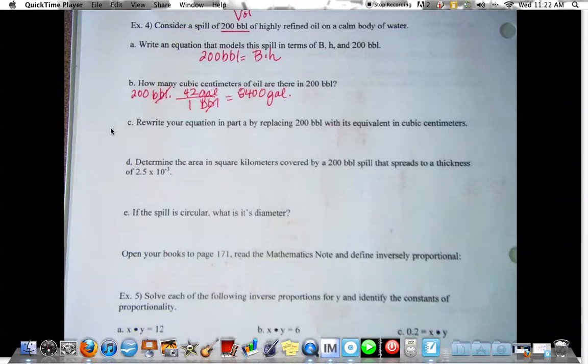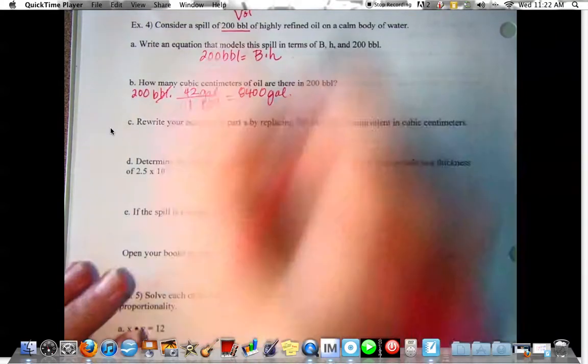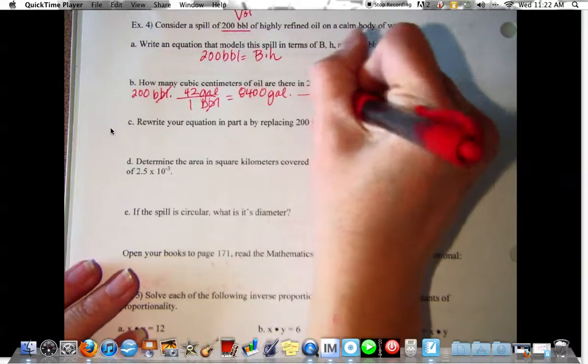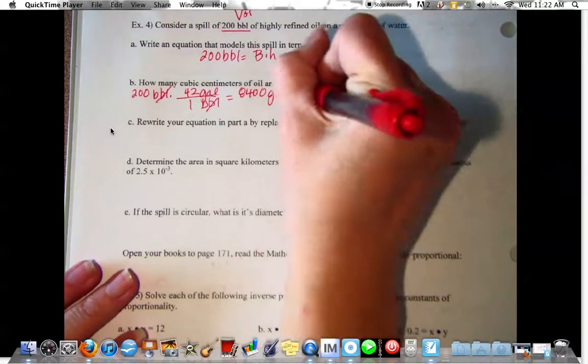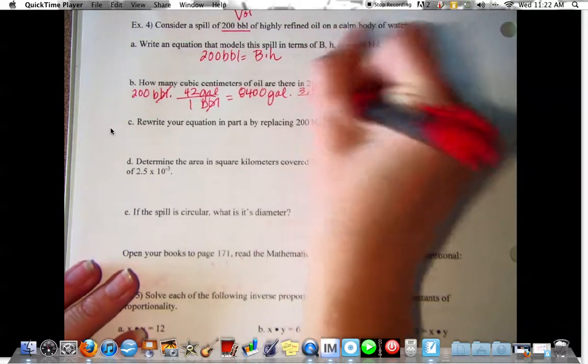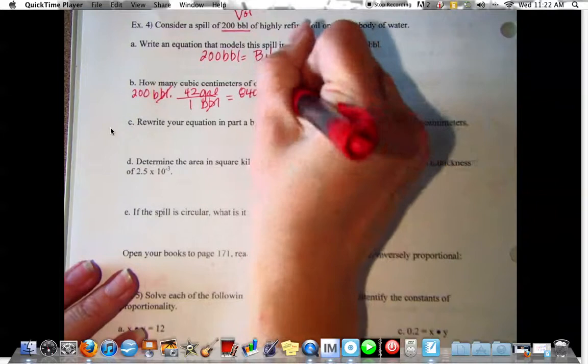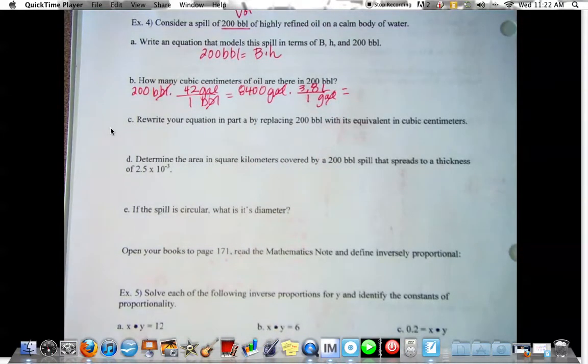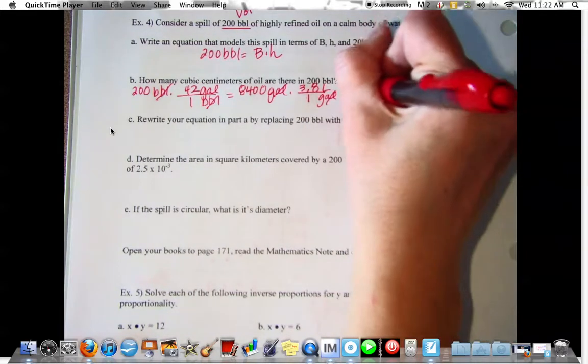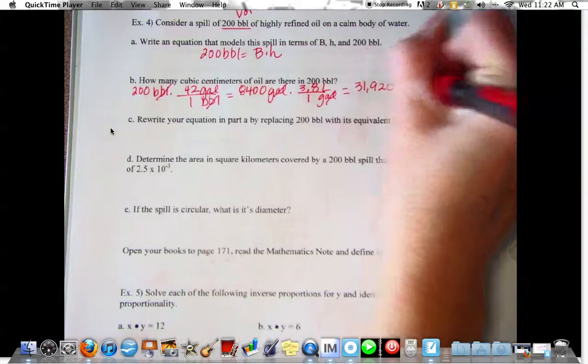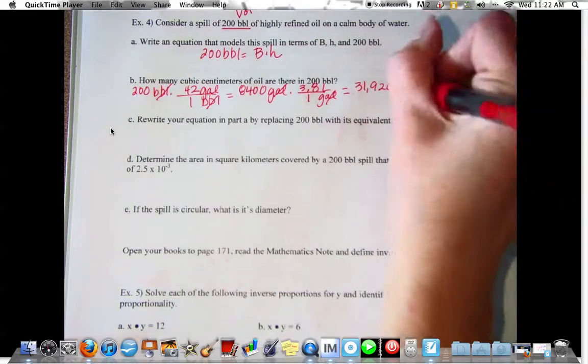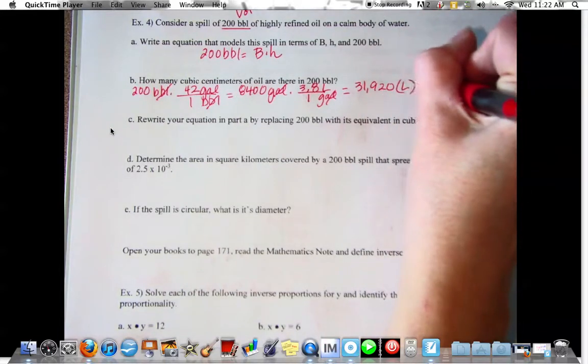We can change gallons to liters. 3.8 liters in 1 gallon. Gallons cancel. So 8,400 times 3.8 is 31,920 liters, which are equivalent to decimeters cubed.